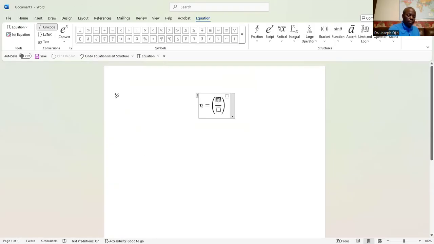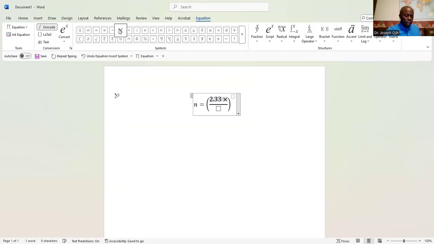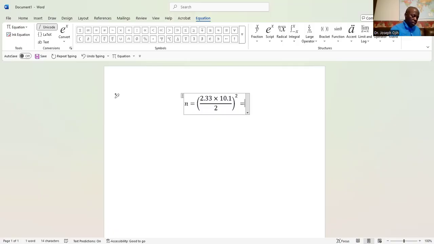So 2.33 times standard deviation of 10.1, divided by error of 2, all raised to the power 2. That is 2.33 times 10.1 over 2, squared.